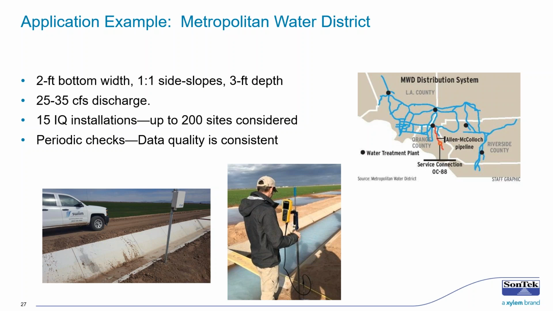He's there with a FlowTracker too, which is again a point velocity system that's used to measure the entire channel and validate a flow rate very accurately. And so this is just one way that you can do a periodic check on these instruments to validate their accuracy and performance.